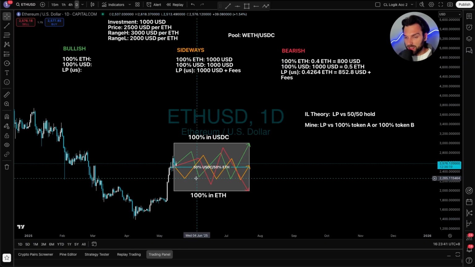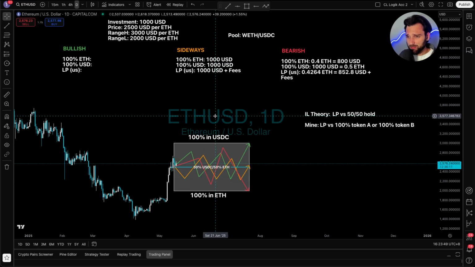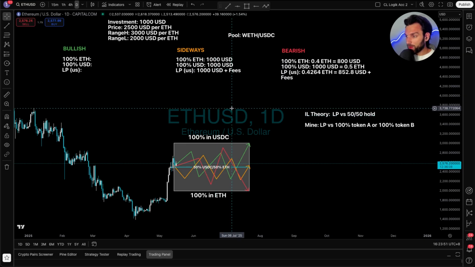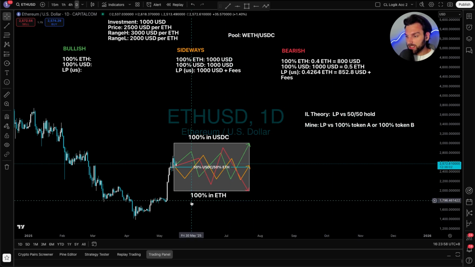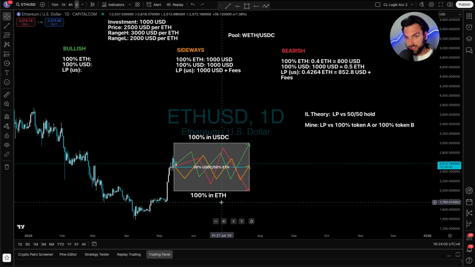So basically, how is the liquidity pool performing versus someone holding 50% USDC and 50% Ethereum? For me, this is very illogical because in practice, it is way easier or way better to basically look at how you perform versus someone holding 100% USDC or versus 100% ETH.